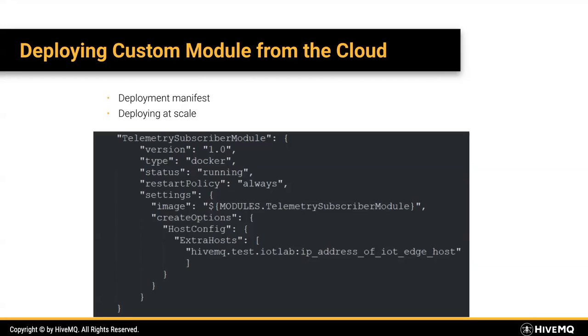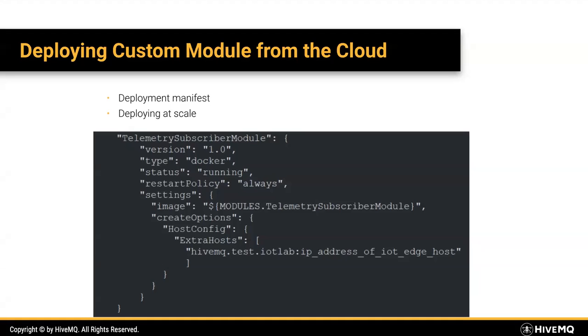As you can notice here, my custom module is obviously not part of the public Docker repository, it's most probably part of my private repository because I want to hide my IP. In the environment variables, I specify where and how this can be fetched and what the credentials are. In the settings section, the image location is fetched from the environment variable.